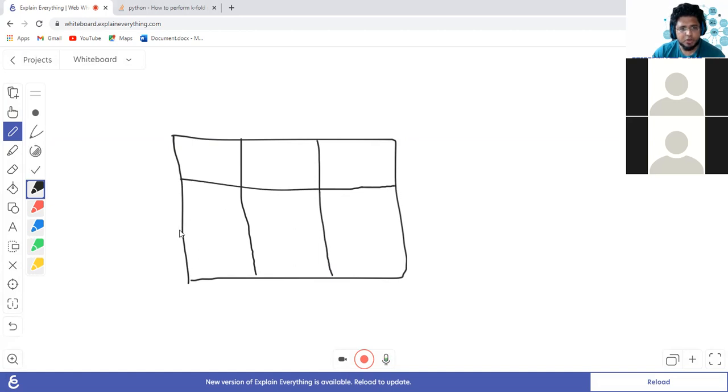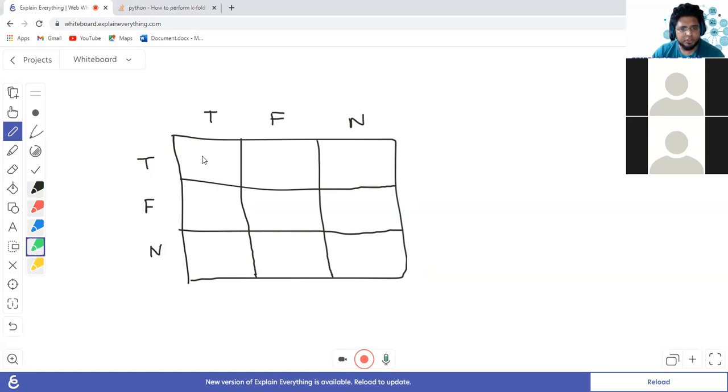We had two outcomes that time. Now we have three outcomes. Suppose true, false, and no result, and again the same: true, false, and no result.